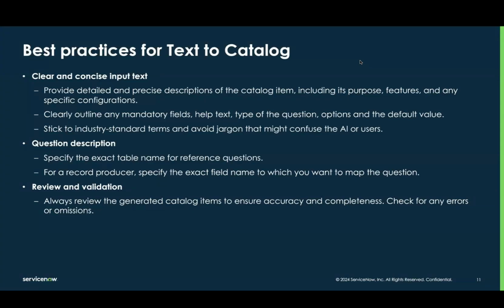Today there's no trigger or direct integration between playbook and service catalog, which we are trying to address in one of the future family releases. Once that happens, you can do that. Today, instead of playbook, you can use text to flow to generate the fulfillment flow and associate that generated flow to the catalog item either in Catalog Builder or from the platform.